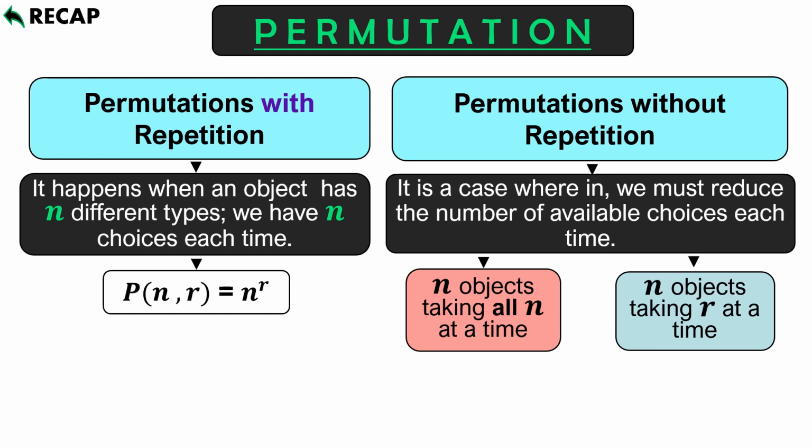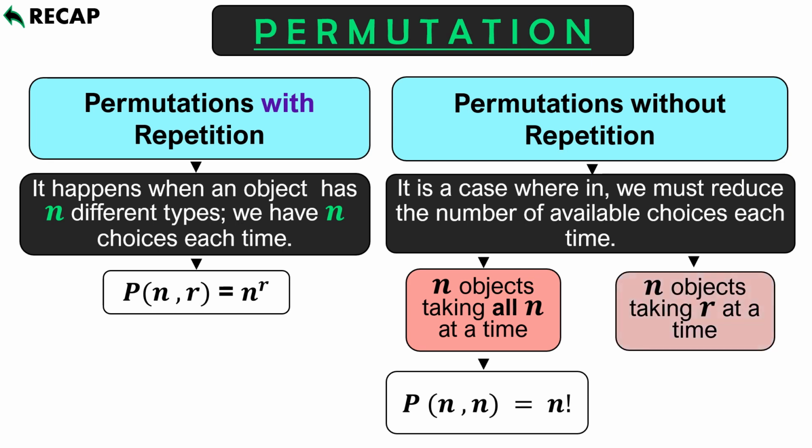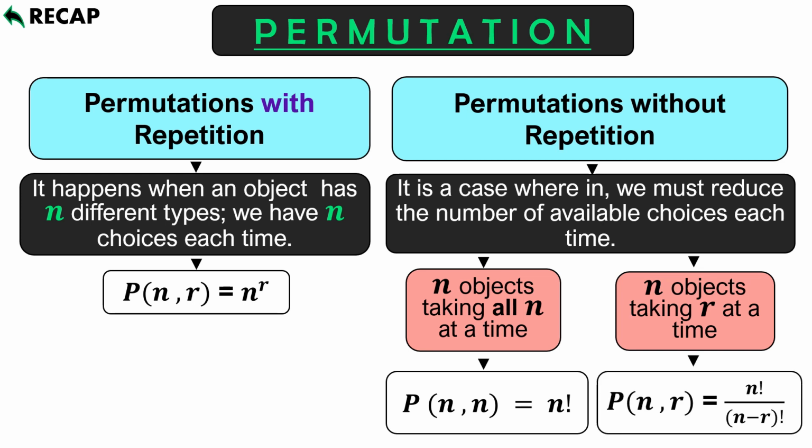Kung baga sa raffle, hindi ka man nanalo ng grand prize, at least may consolation prize pa rin. So the formula for this case is n factorial.